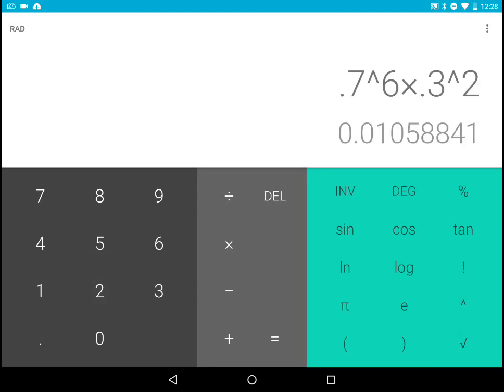So that's going to be 0.01. It's going to be 1.06%.